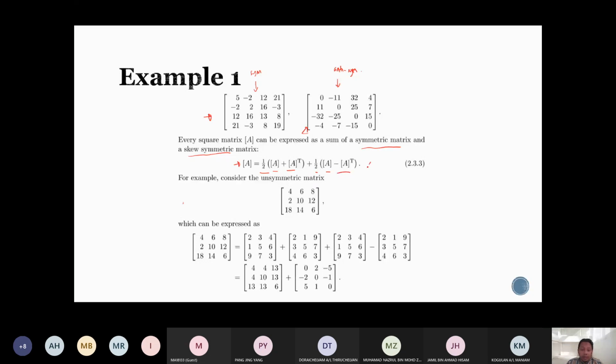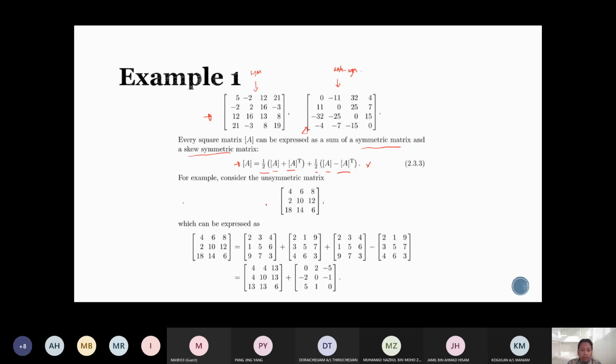This is important actually. Later in the next lecture, we can express some matrix into two different matrices, the symmetric and the skew symmetric matrix. Example given here.